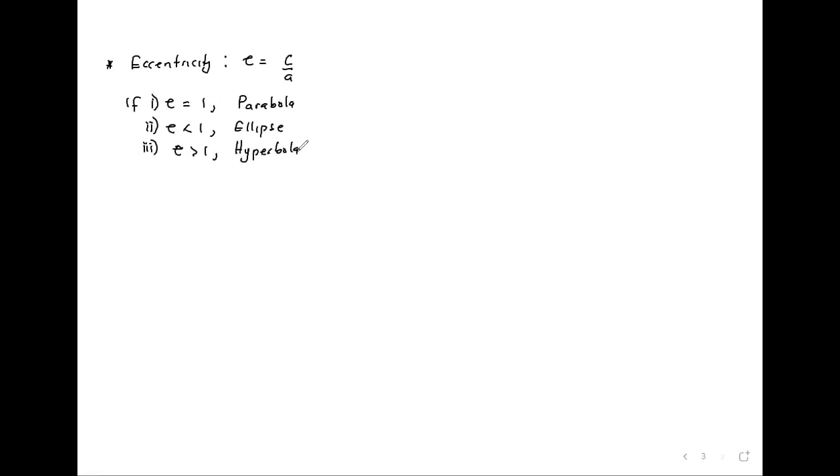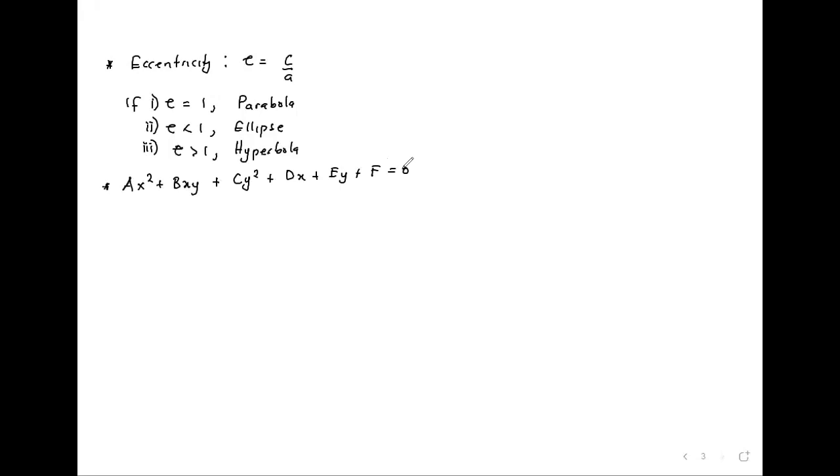We can also have equations where it's not factorized: ax squared plus bxy plus cy squared plus dx plus ey plus f is equal to 0. This is a general equation.